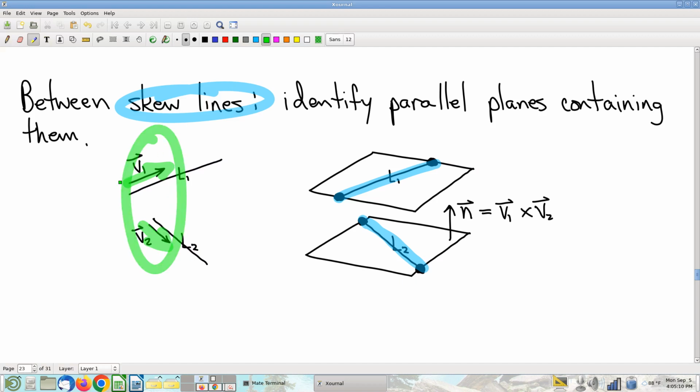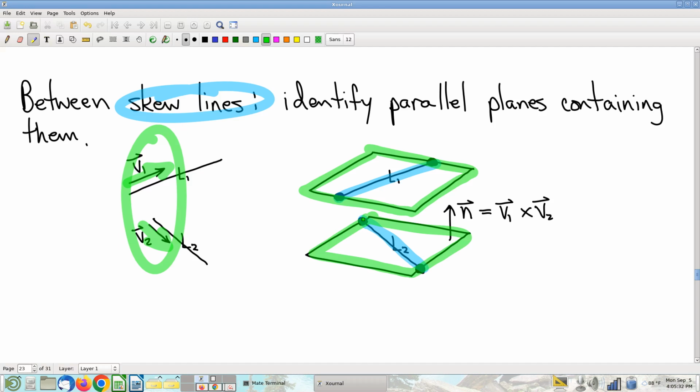These two direction vectors define at least a class of parallel planes. Between the two of them, they define a single direction that's perpendicular to both. And so, one of those planes is going to contain the one line and the other will contain the other line.